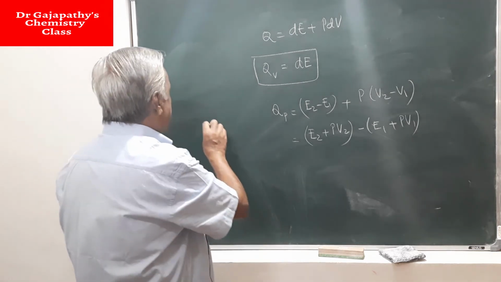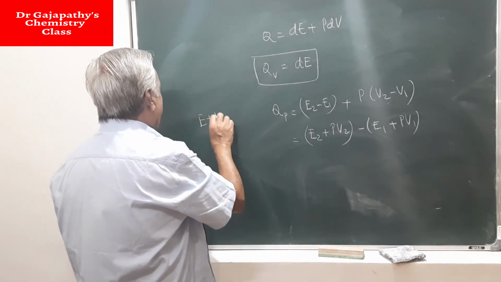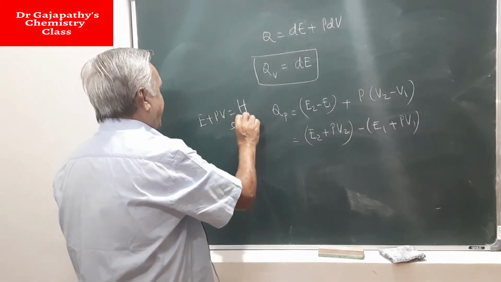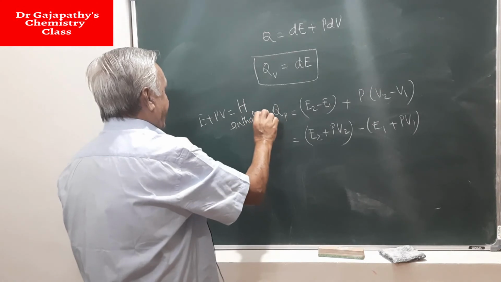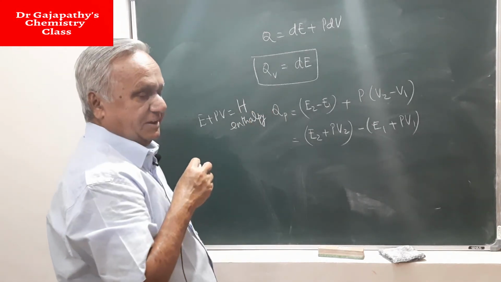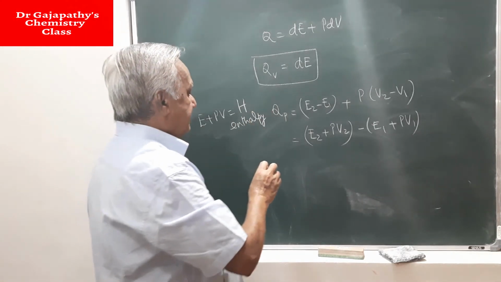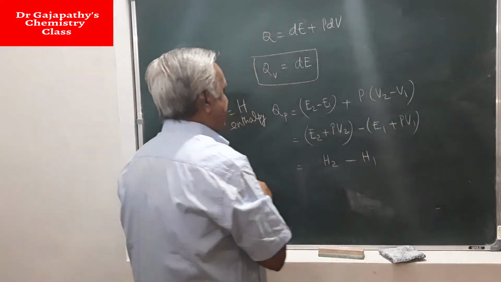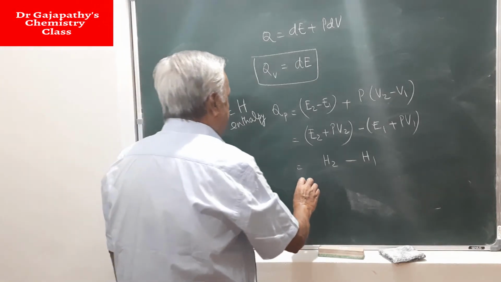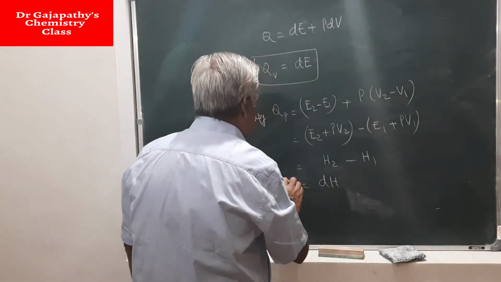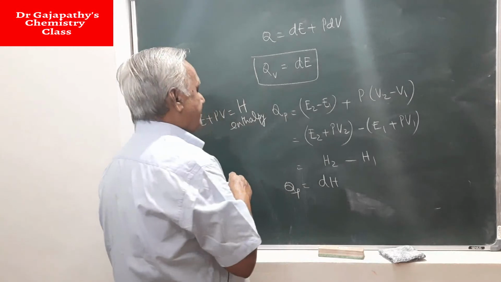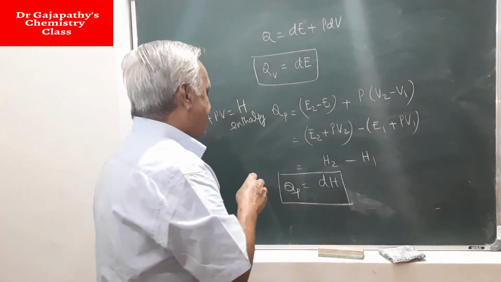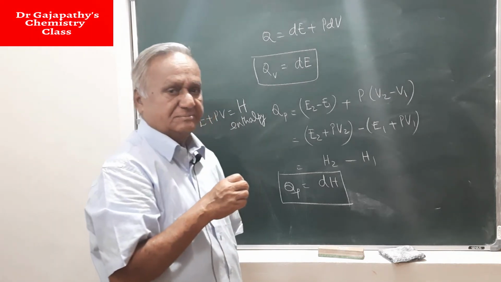The quantity E plus PV is defined as H, enthalpy. So this is equal to H2 minus H1, or this is equal to dH. So QV equal to dE and QP equal to dH.